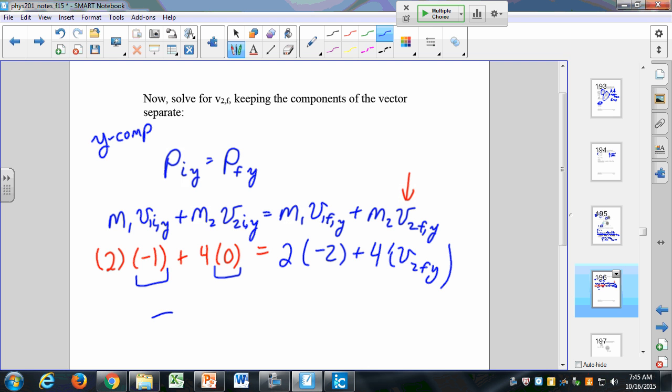And then I have negative 2 over here equals negative 4 plus 4 times v2fy. And I solve that, I get v2fy is 2 over 4, or 0.5.